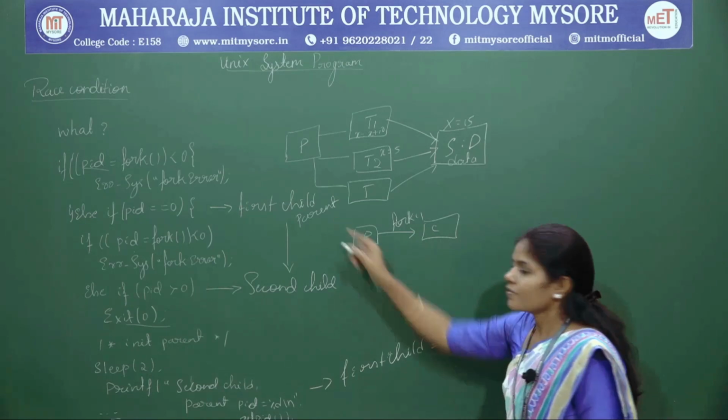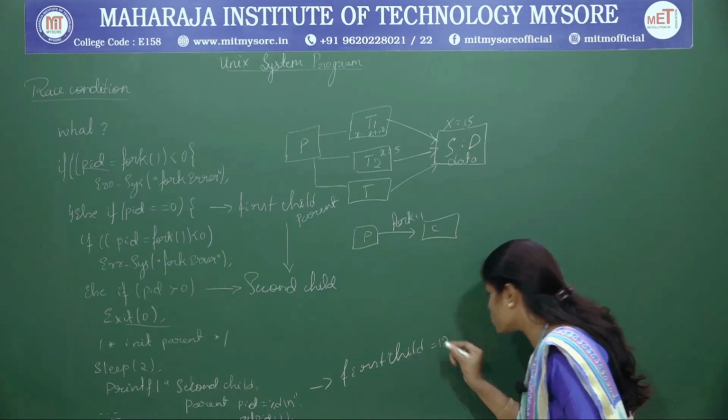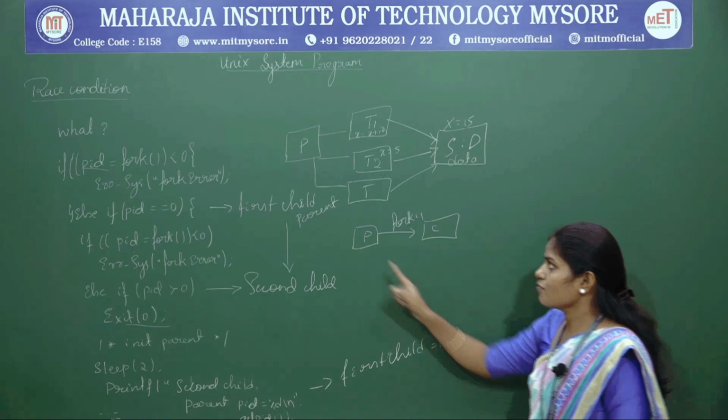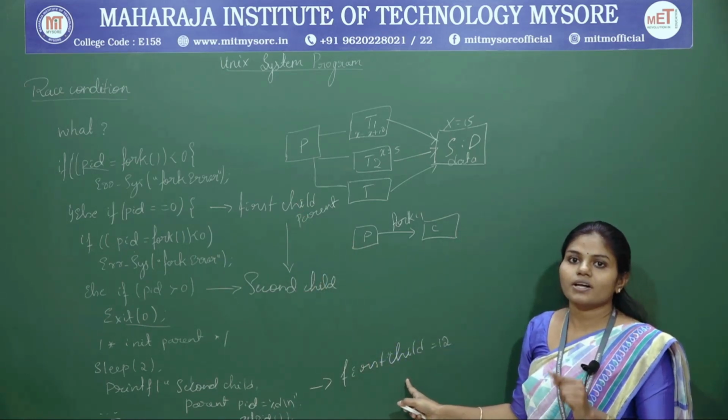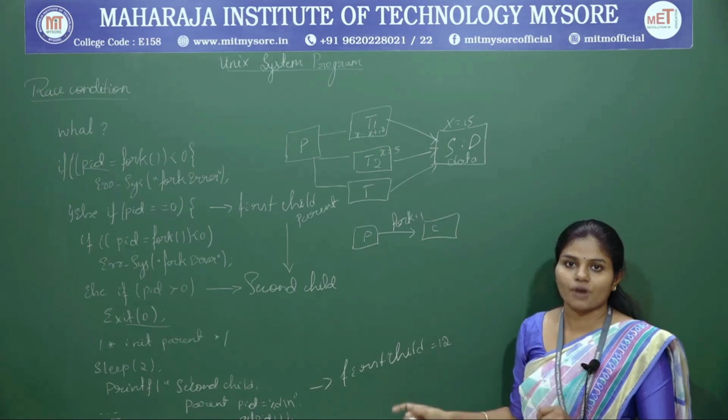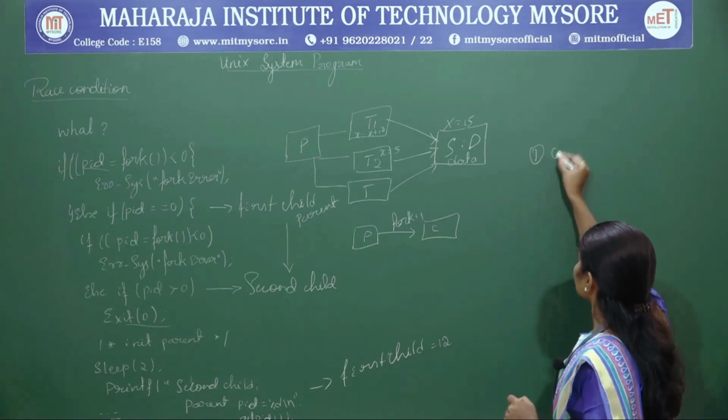Suppose for example the first child PID is 12. In that case the first child ID is displayed when the first child executes first, right?